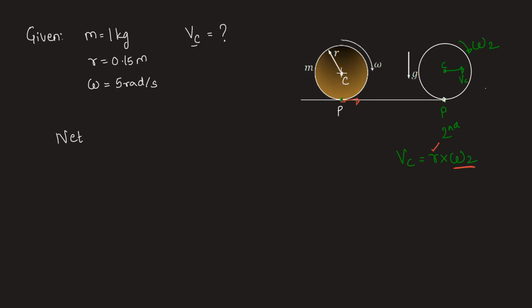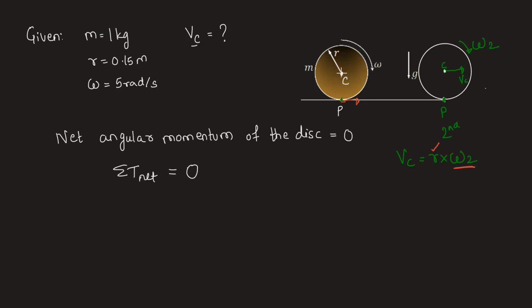We can write down, using the law of conservation of angular momentum, as there is no net external torque acting on the disc, so we can write down initial angular momentum as I, mass moment of inertia of the disc, into its angular velocity omega. This is the initial angular momentum. This will be equal to the final angular momentum, which will be I into omega 2.